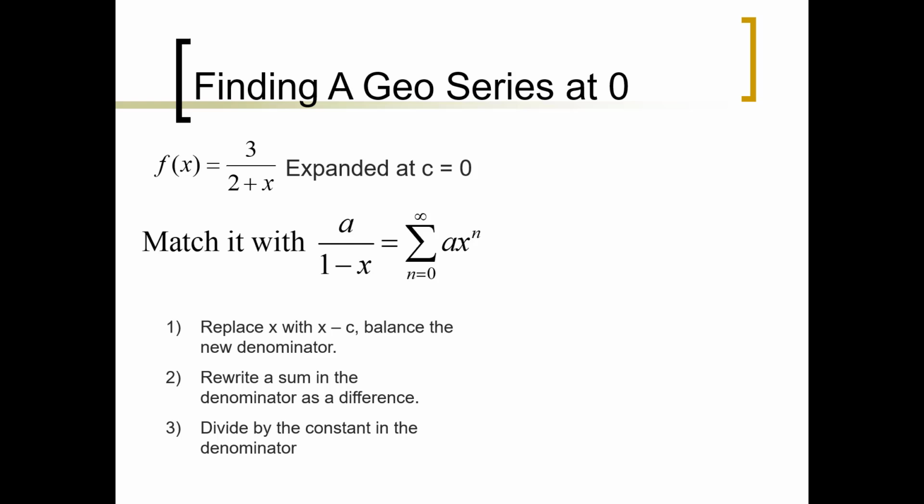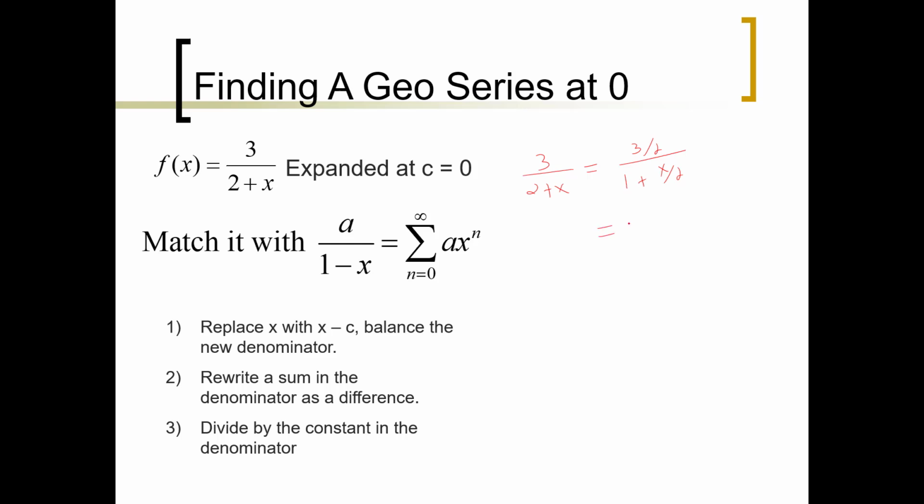One good example is trying to match a function, especially something like a fraction, to look like the geometric series, and then just using that to get the answer. So if you see the function 3 over 2 plus x, notice you can rewrite that as 3 over 2 divided by 1 plus x over 2.